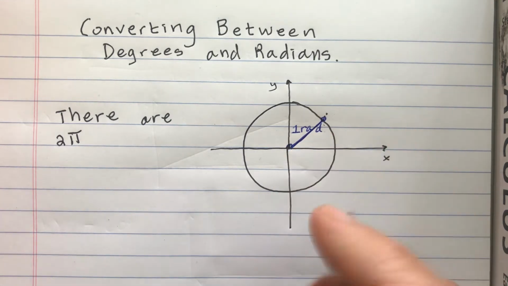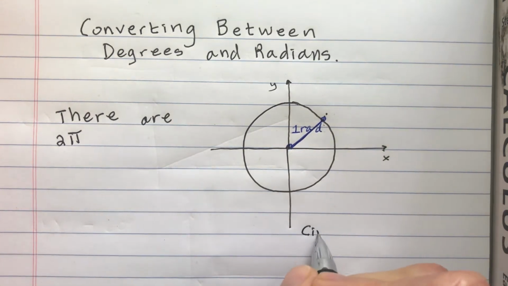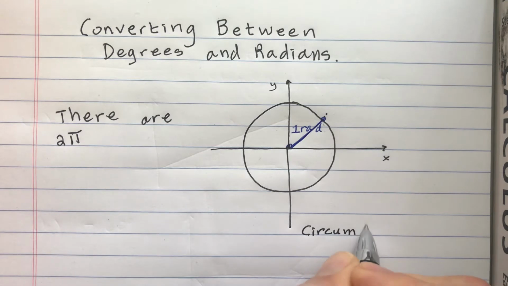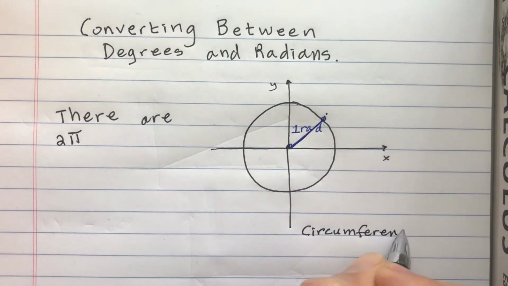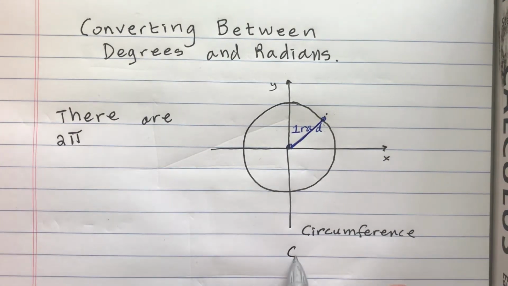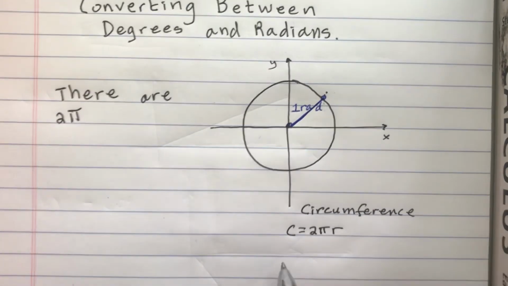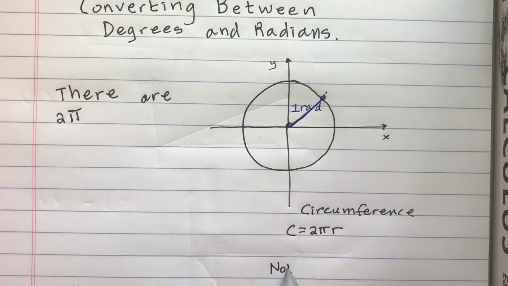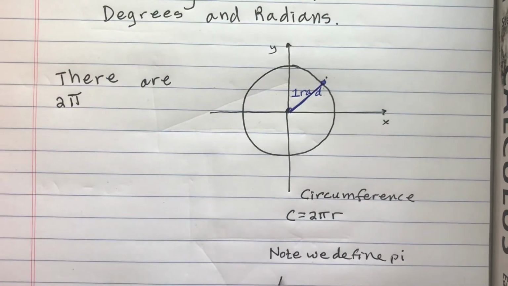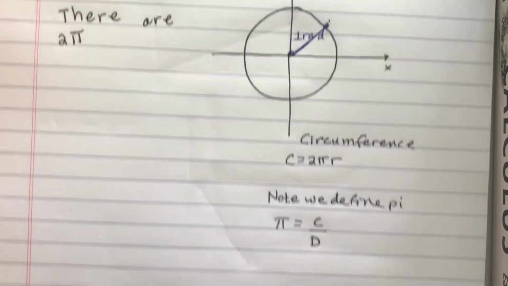So the circumference, if you remember, is given by C equals 2 pi r. Pi is defined as pi equals the circumference over the diameter.